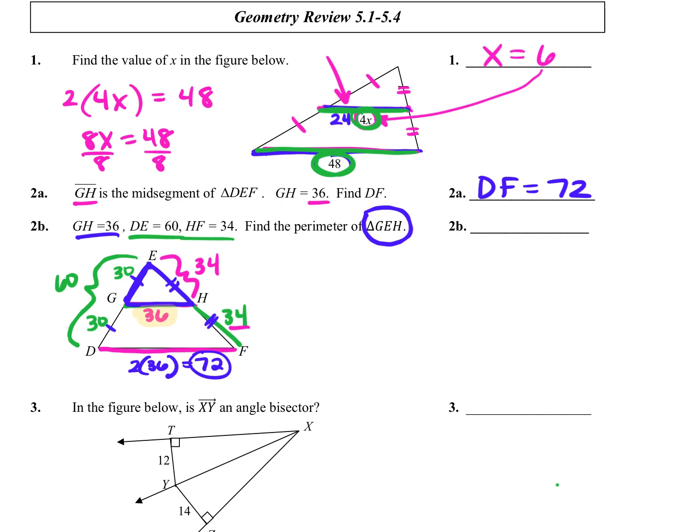So when I ask you to find a perimeter, I'm saying what is the sum of all of those sides? So you're going to go 30 plus 34 plus 36. And if you add those together, you get, oh, what a nice number. So the perimeter would be 100. Okay, just add the 3 parts together there.